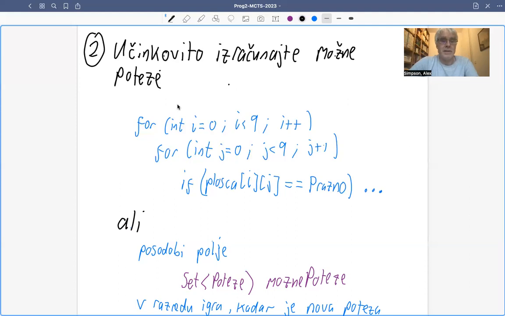And because this is going to be done thousands of times over, because you're searching an absolutely huge tree, you want computing the next moves from a current position to be as efficient as possible. So I just want to say there are essentially two different styles of approach you could adopt here, and it's up to you which one you adopt, and you can experiment in practice to see which one's more efficient.